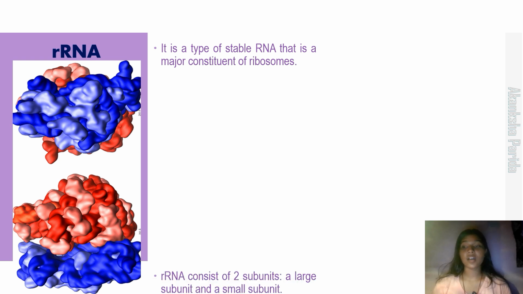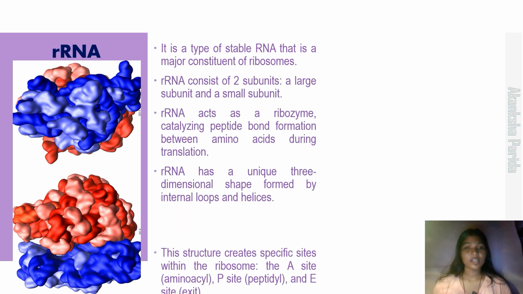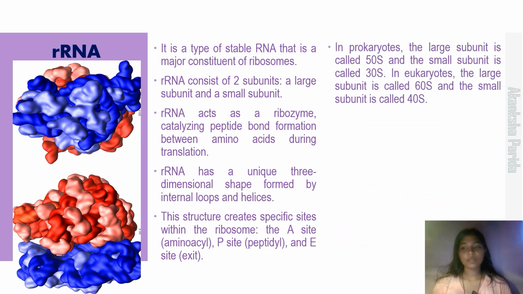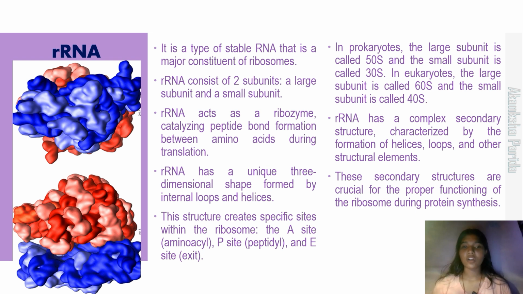So this is rRNA, that is ribosomal RNA. It is a type of stable RNA that is a major constituent of ribosomes. rRNA consists of two subunits. This is the large subunit and this is the small subunit.